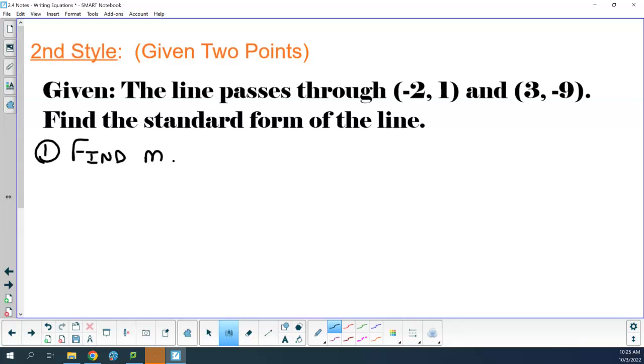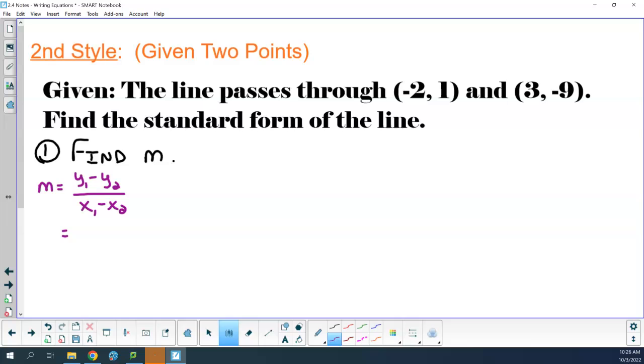So since you have 2 points, you need to find m. Remember, that is subtract the y's over subtract the x's. It doesn't matter which order you choose.